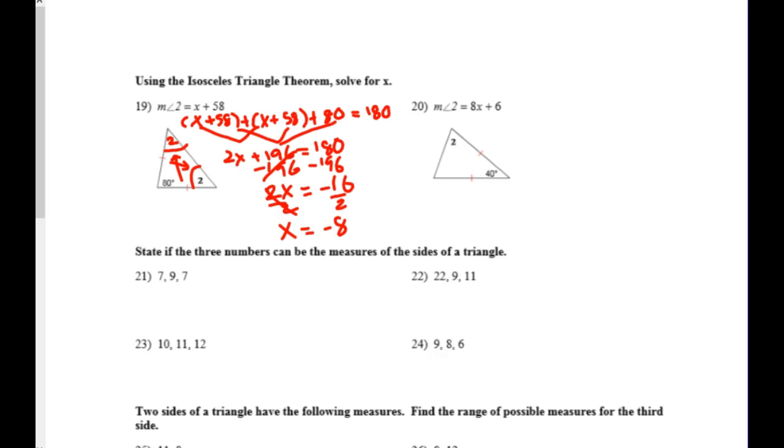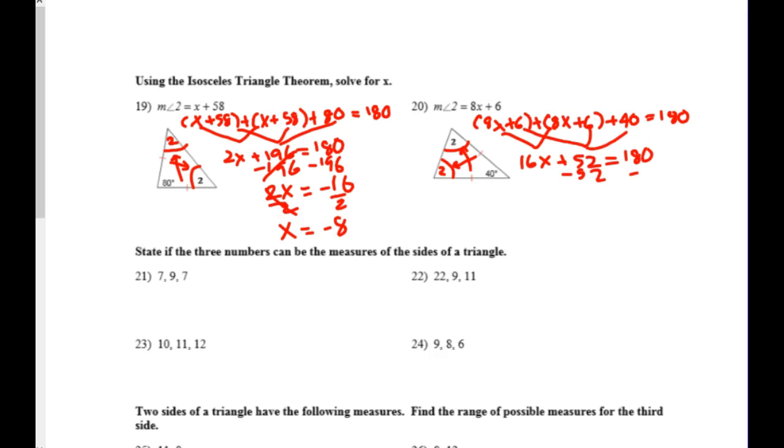All right. And then 20, again, congruent sides, opposite congruent angles. So both of these angles are going to be 8x plus 6. So let's set up our equation. 8x plus 6 plus 8x plus 6 plus 40 equals 180. Combine your x values, combine your constants, equals 180.